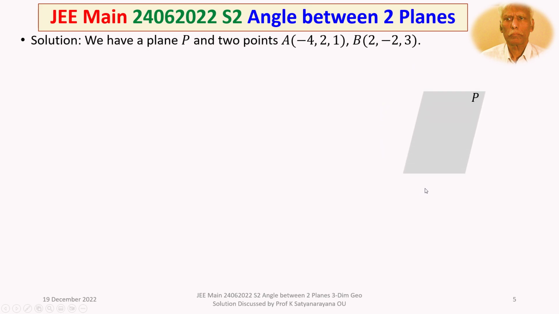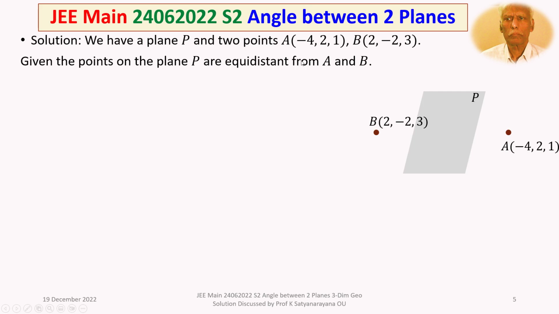This is the plane P, and this is the point A and the point B, and it is given that the points on the plane P are equidistant from A and B. So if you take a point on the plane P, it is equidistant from A and B.